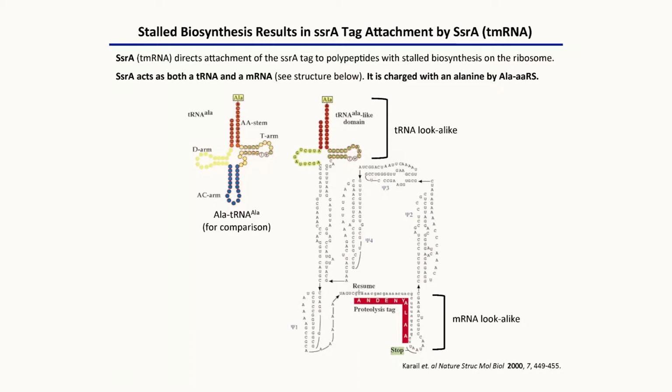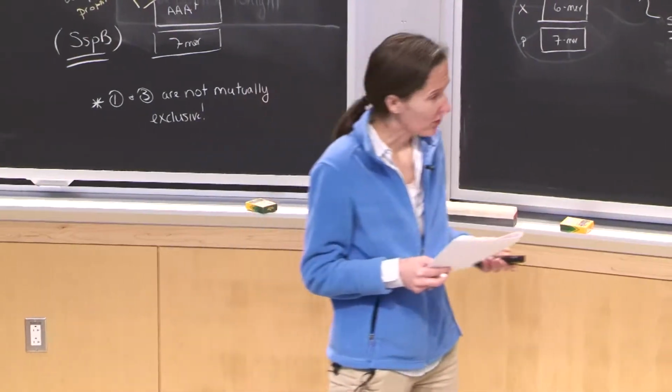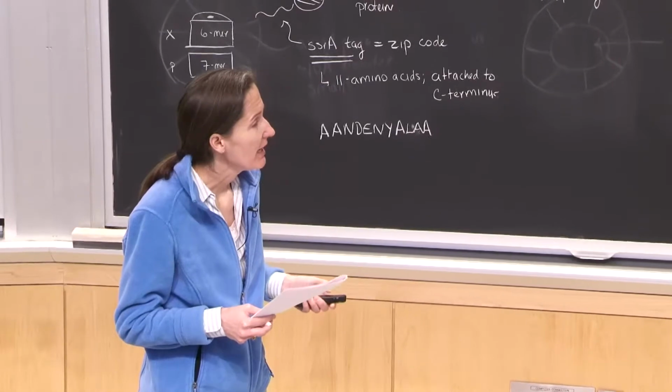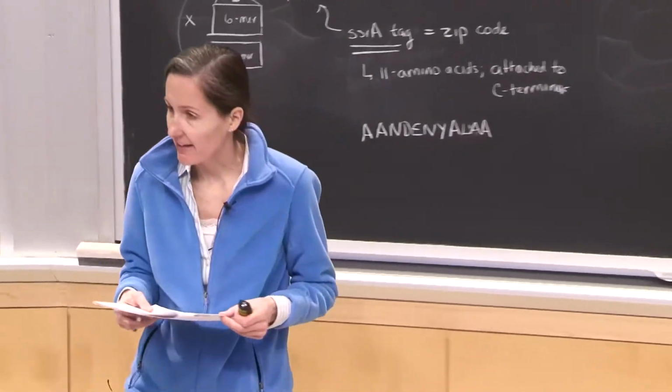We see a region that, with a little imagination, we can think looks like mRNA. And if we take a look at the various codons, what we see is that the SsrA tag is encoded there, along with a stop codon. So effectively, we have a tRNA lookalike, we have an mRNA lookalike that is encoding this SsrA tag.